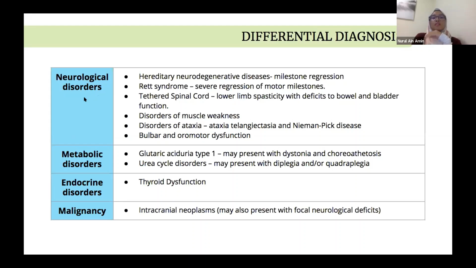So from the neurological disorders, we should differentiate the hereditary neurodegenerative diseases by milestone regression or Rett syndrome, even disorders of ataxia, because it's usually hard to distinguish. And then ataxia telangiectasia can also have cutaneous or even ocular abnormalities. That's why it's also difficult to diagnose.